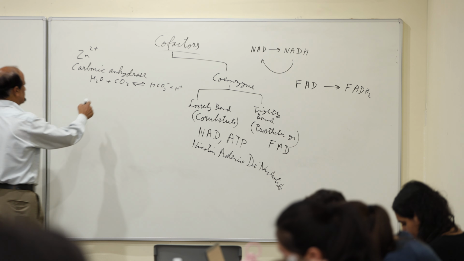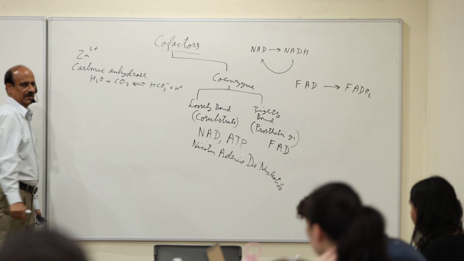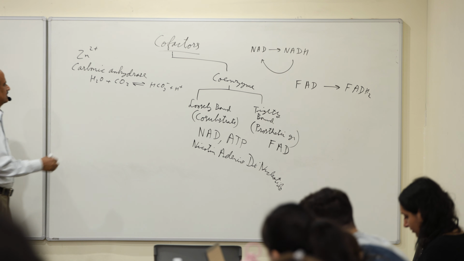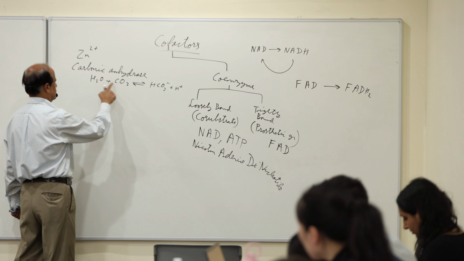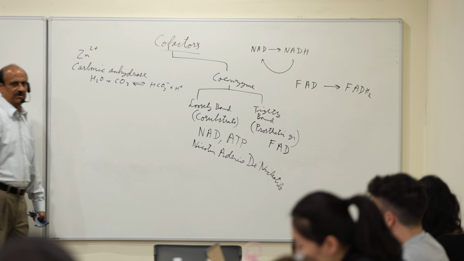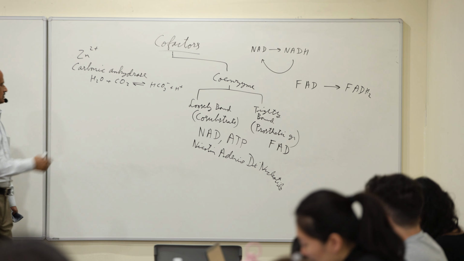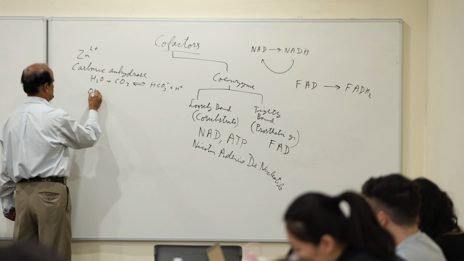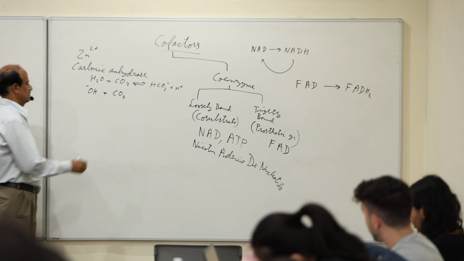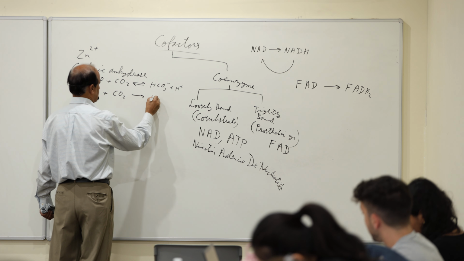If you don't have an enzyme, if you're doing this reaction in the lab, you know that carbon dioxide is an acid, so this will react with water much faster if you have sodium hydroxide in there. So instead of water, if you have a base, hydroxide, that's a strong base, that will very quickly react with carbon dioxide to give you bicarbonate.